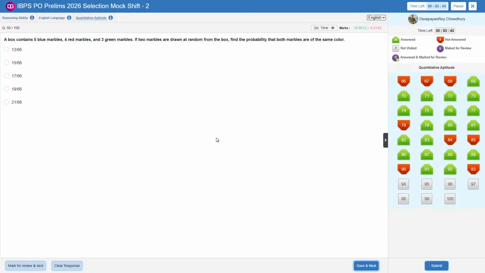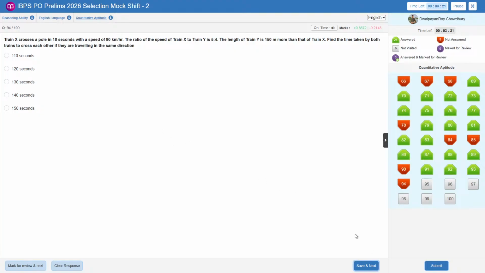By 2 everything gets cut. 5 into 4 plus 4 into 3 plus 3 into 2. So 20 plus 12 plus 6 upon 132. So total 18. So 38 by 132. So by 2, 19 by 66. 19 by 66. We got 3 minutes left.